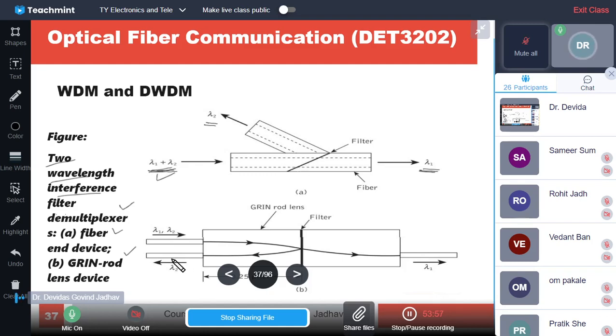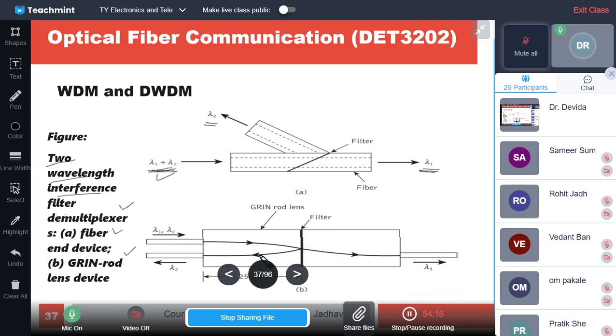Similarly, there is a green rod lens which is having the lambda 1 plus lambda 2 input, and the filter which reflects one signal and transmits another signal, lambda 2 and lambda 1. So they are separated.